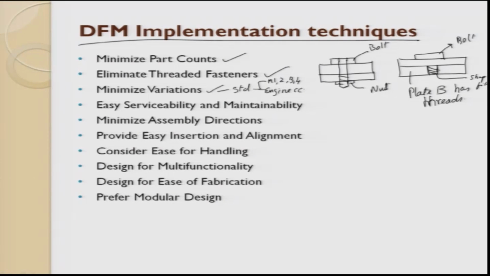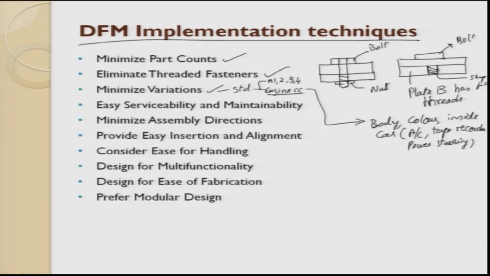The engine assembly will be the same, and you will have the body, the color of the car, the inside of the car, that means the AC, the tape recorder, the power steering, all these things can be changed. But the engine will be the same. So, they will try to introduce variation very minimally to get maximum customer choice.